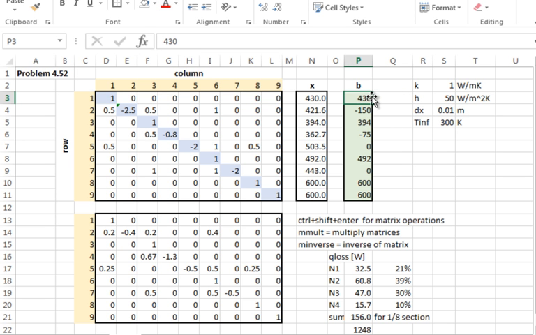And when I numerically solve this matrix problem, the only solution is the unknown x at T1. It will be 430. It's like I force that temperature to go to 430. Do you see that? Can you see I also did it for node at temperature 3? I forced it to go to 394. Guess what the solution is? 394. So all of the specified nodes, I put them in that way.